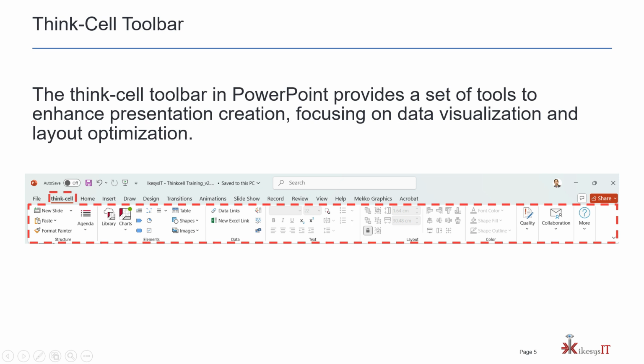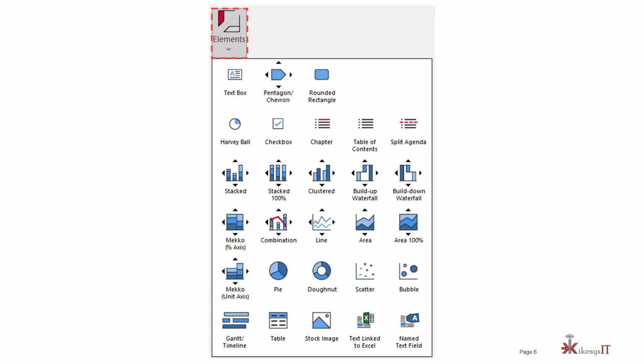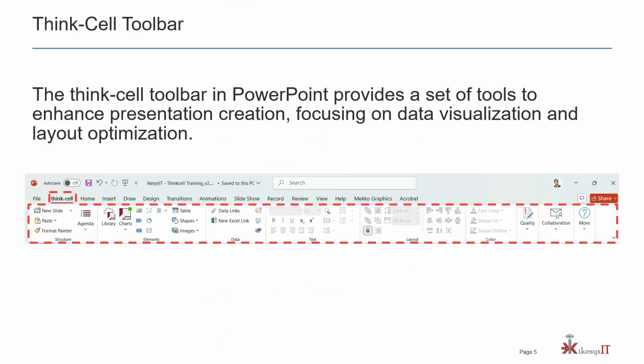So right now I am using ThinkCell 13, but if you are using ThinkCell 11 or ThinkCell 12, maybe you are not getting these features. Like there is a feature of ThinkCell that is the library option.